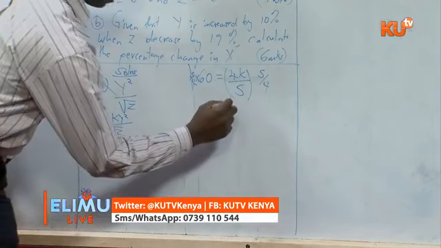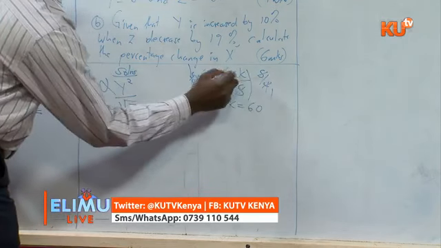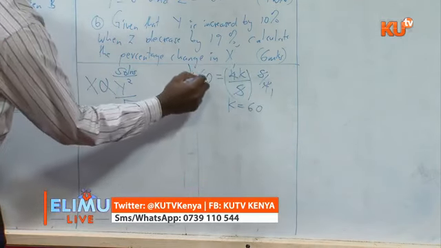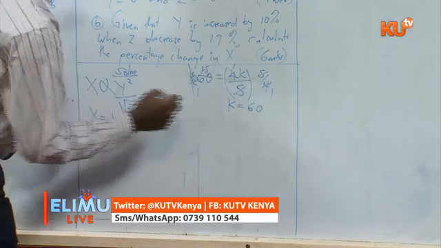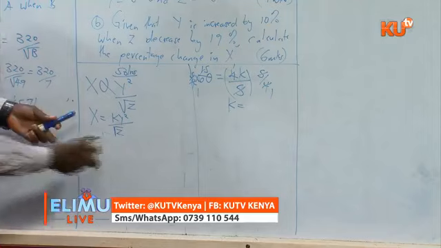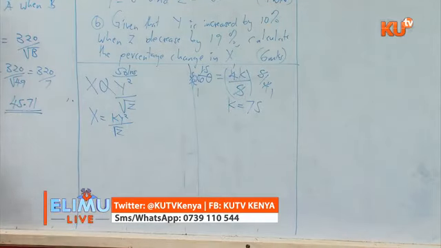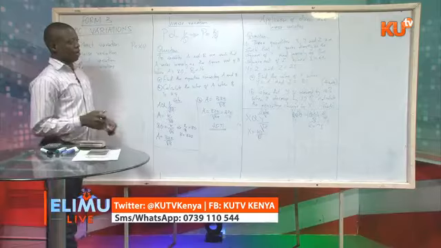So our answer k will be 60 times 5 over 4. This will cancel out, and 4 into 60 is 15. Sorry, this should be 75, that is 15 times 5, 75. That is the value of k.